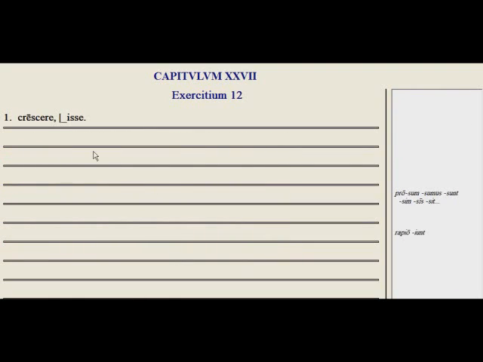Here we have practice with our verb forms, which you need to practice independently by making flashcards or a chart. So let's practice. We have crescere, crevisse, crescere, crevi, and then descendere is desciisse, with the two I's.